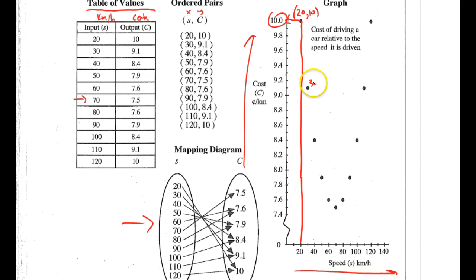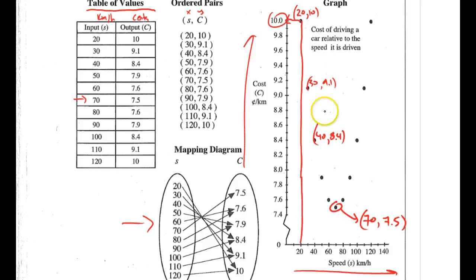This would be the 30, 9.1 coordinate, 48.4, and so on and so forth. You can see this here would be the cheapest, and that would be that 70 kilometers an hour, 7.5 cents. So if I was driving on a highway and I wanted to save some money, I'd probably want to drive at 70 kilometers an hour. I certainly don't want to go above 120, and that would cost a lot of money.